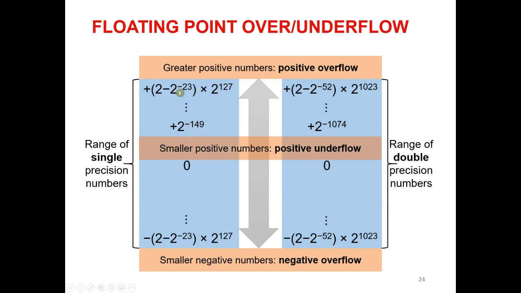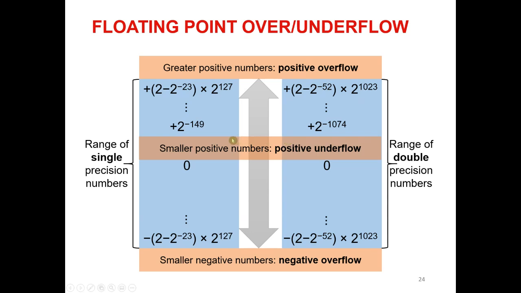This is the largest one, and this is the smallest one I can represent. If I want to represent a smaller number than this, I cannot do it. This is what is called positive underflow.